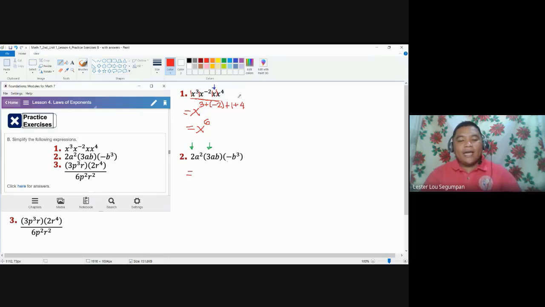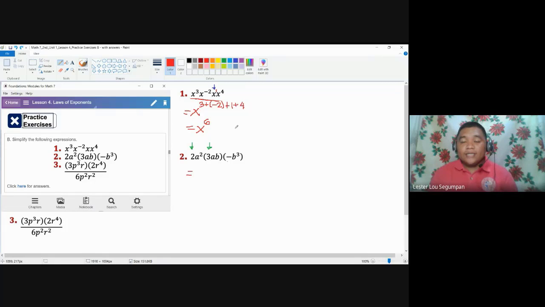All of these have a numerical coefficient of 1. So if we multiply 1 times 1 times 1 times 1, definitely that will result to 1. So this also means that you have 1x to the power of 6, but we don't need to write 1 anymore. That automatically means it has a numerical coefficient of 1.